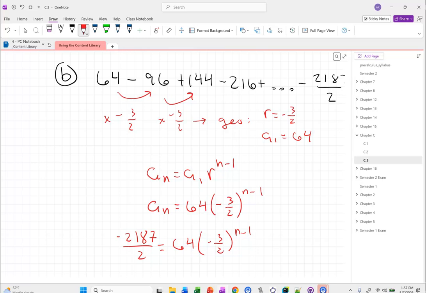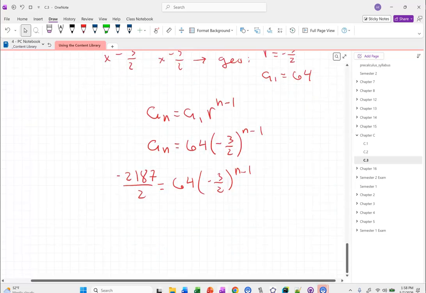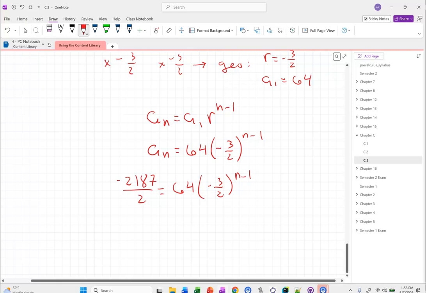What do I need to do first algebraically to get that n by itself? Divide both sides by 64. I'm going to think about it as multiplying by 1 over 64. Same difference, right? The only reason is I have a fraction on that left-hand side, so it makes it a little bit more convenient.